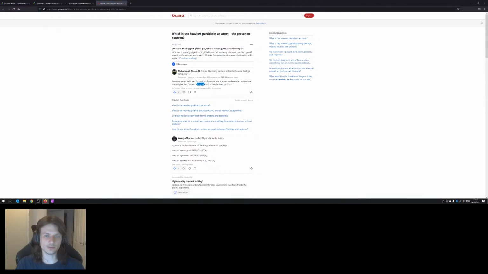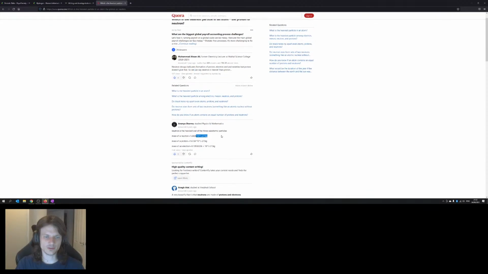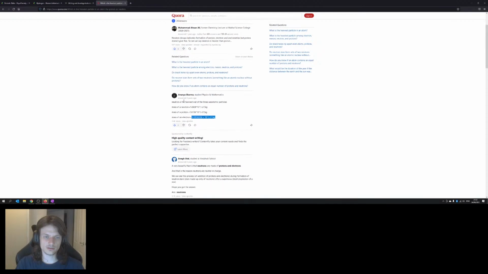Proton doesn't do that, so we can say the neutron is heavier than the proton. Mass of a neutron, proton, electron. Neutron is the heaviest out of the 3 subatomic particles.